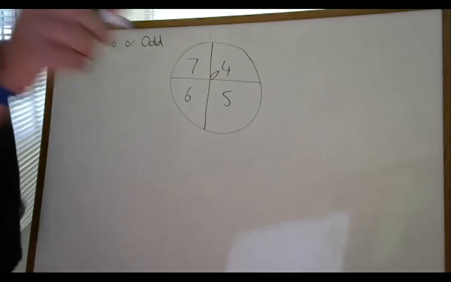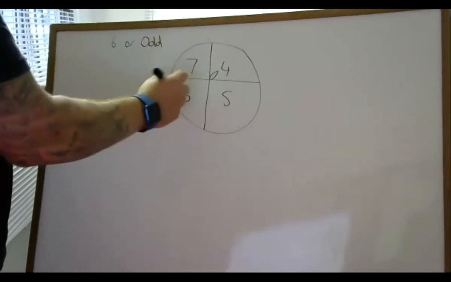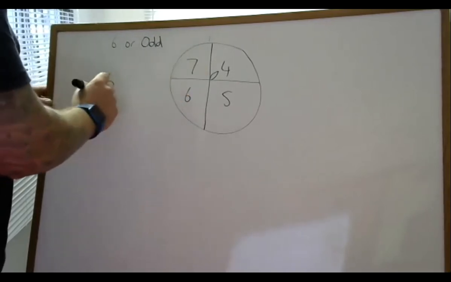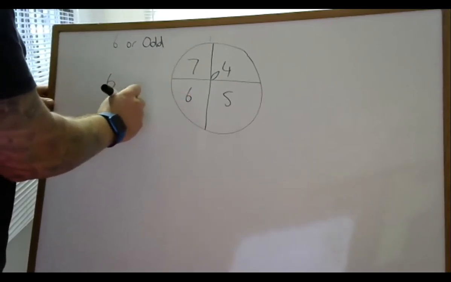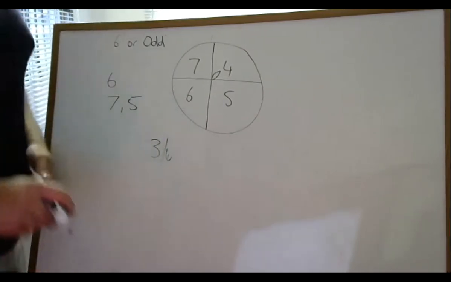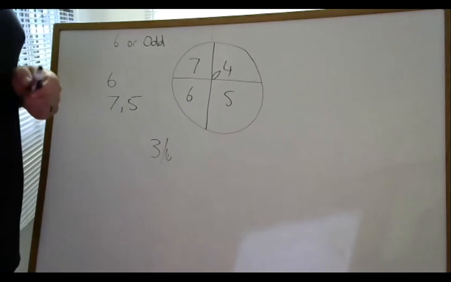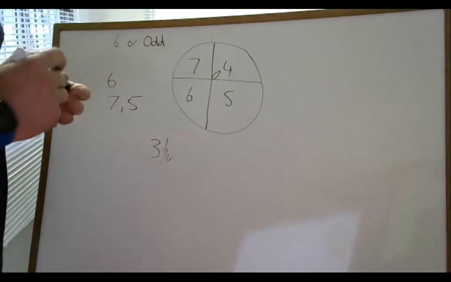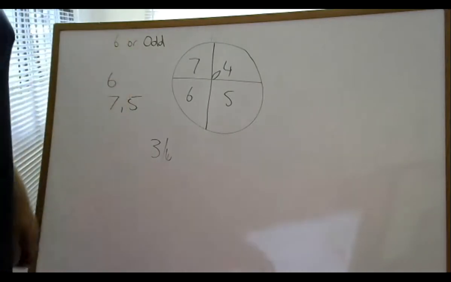So we look at favorable outcomes. We have 6. The odd numbers are 7 and 5. So that gives us 3 out of 4, or a 75% chance. This is where we start talking about mutually exclusive events, events that cannot occur at the same time.